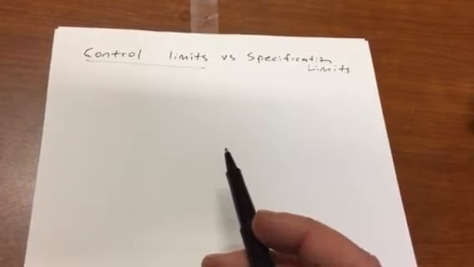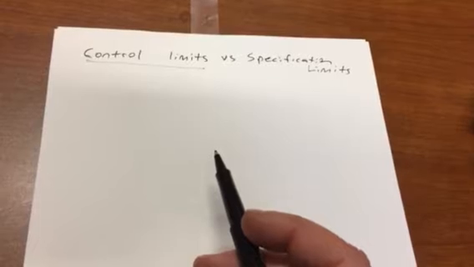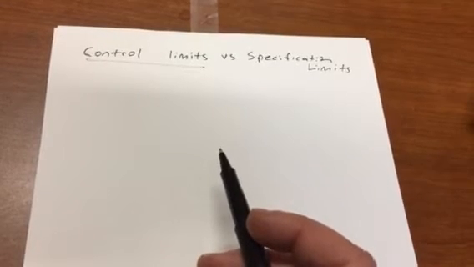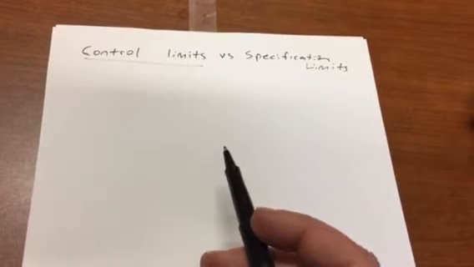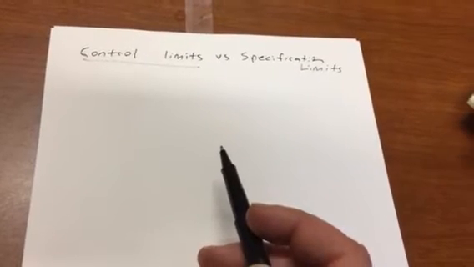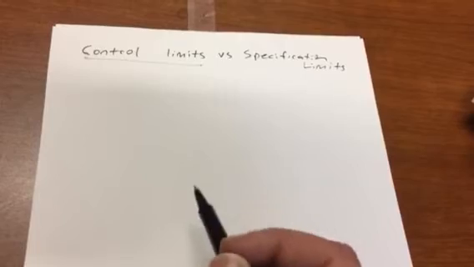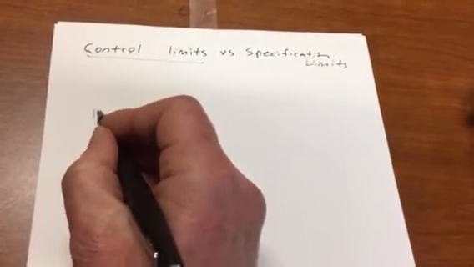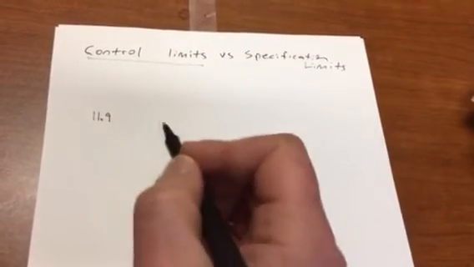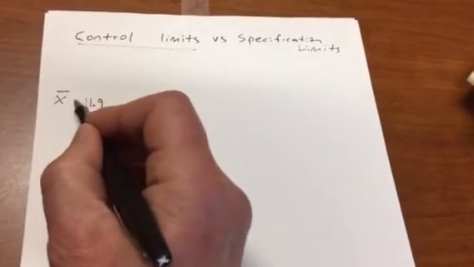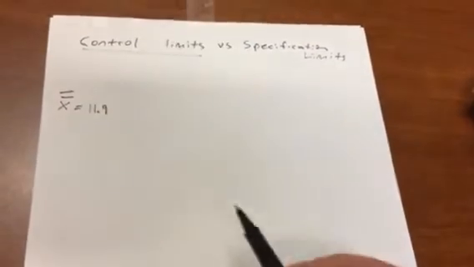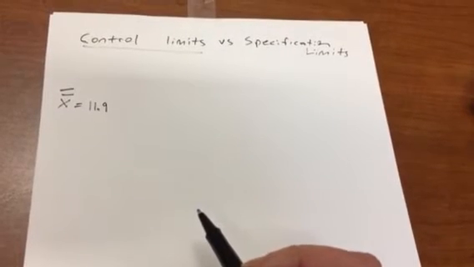We've got 20 samples, and we compute the average fill level of each sample of 4 bottles, and then we take the average of those averages, and let's say that turns out to be 11.9 ounces. That's the grand mean, the average of all those averages.